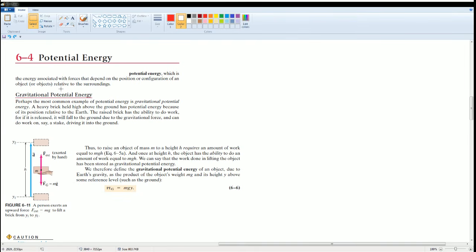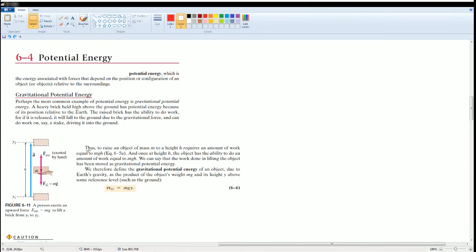A heavy brick held above the ground has potential energy because of its position relative to the Earth. The raised brick has the ability to do work, for if it is released, it will fall to the ground due to the gravitational force and can do work, say diving into the ground. Force falling down and it's traveling a distance, that is the work done.